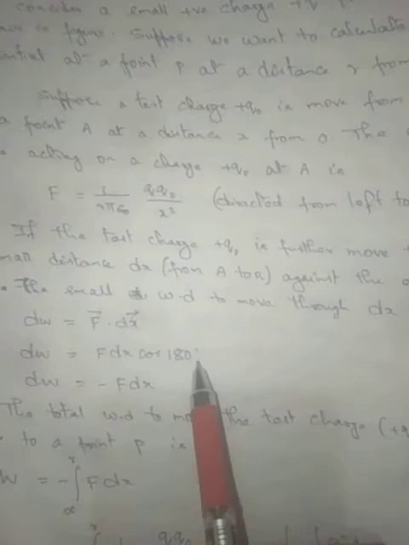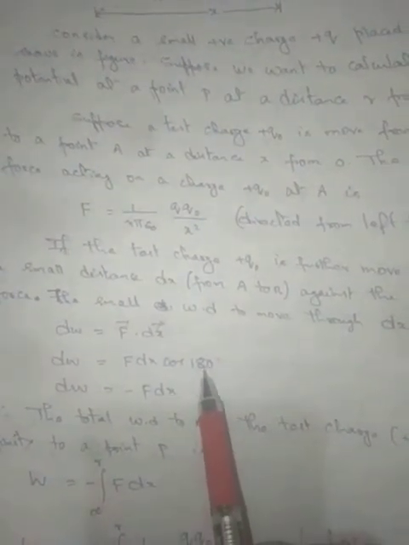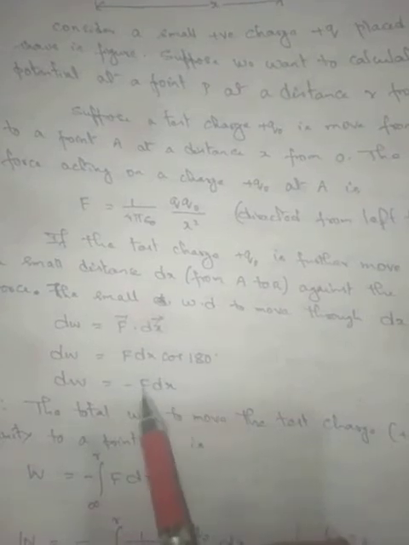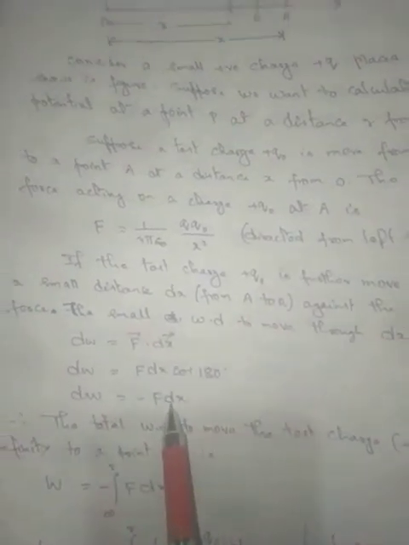So that is why we have cos 180, which is equal to minus 1, so minus 1 times F dx will be minus F dx. So this is the small work done to carry the test charge through a small distance dx.